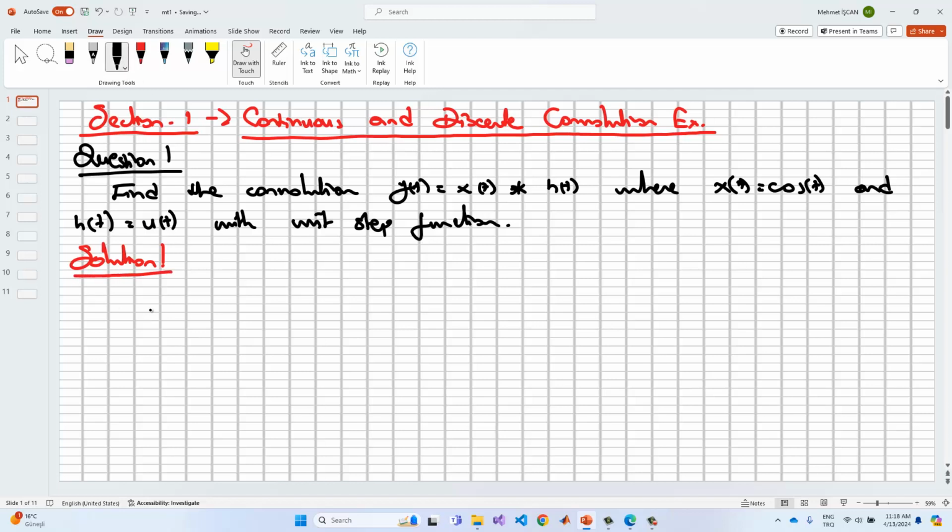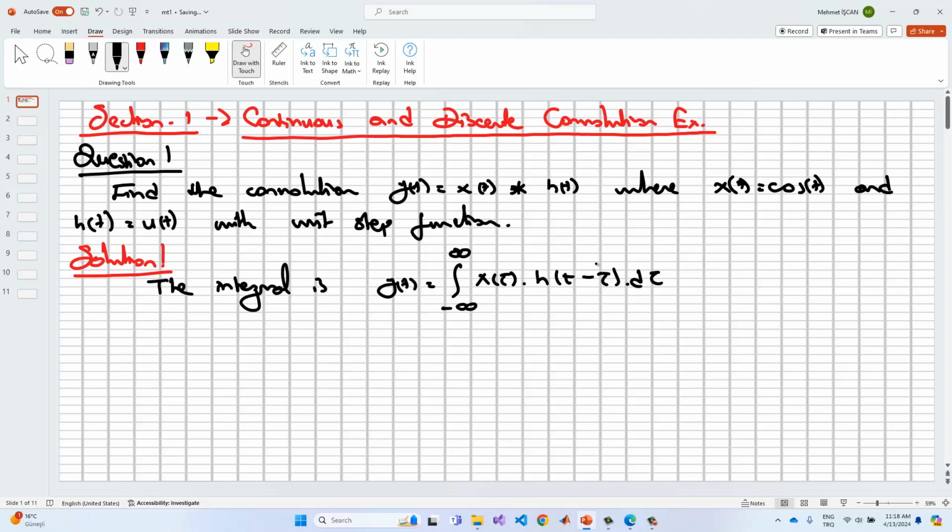Solution 1 can be given just like that. The integral can be given by y(t) equals the integral from minus infinity to infinity of x(tau) times h(t minus tau) d tau.